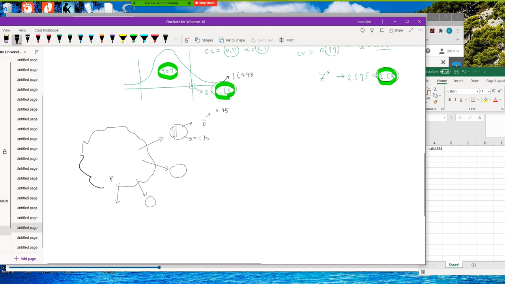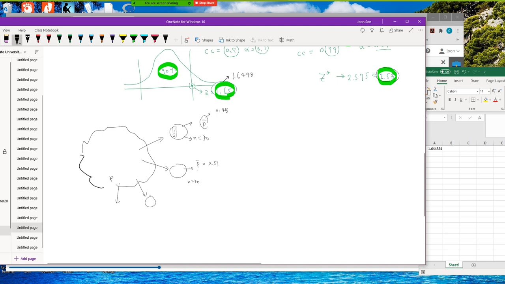And from another sample, where n is 30, about 51% of voters support Donald Trump. So we have different samples, with different sample proportions.